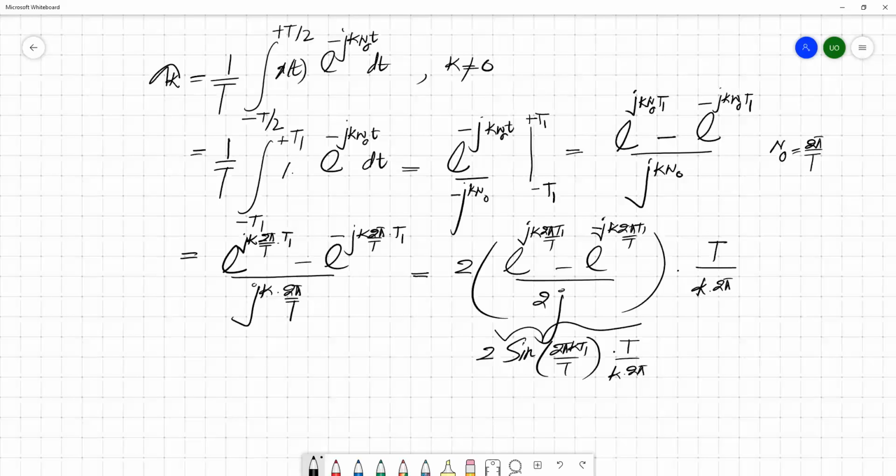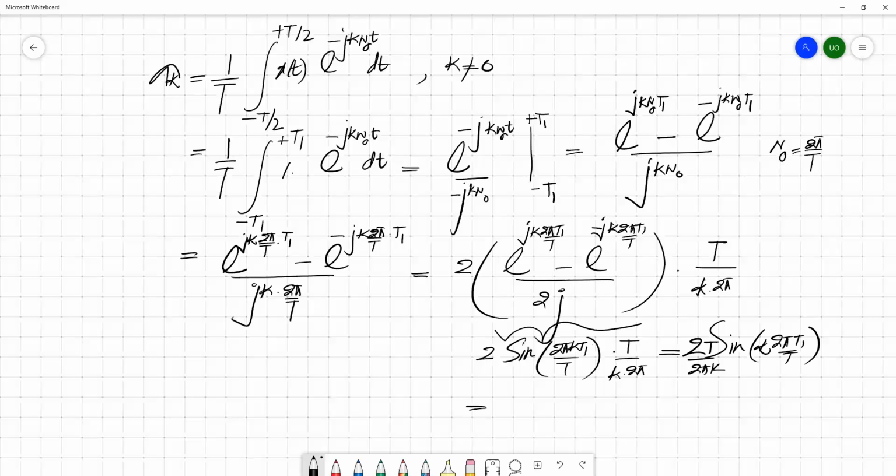So then this can be simplified to this form: 2 sine 2 pi k t1 over t, divided by 2 pi k.